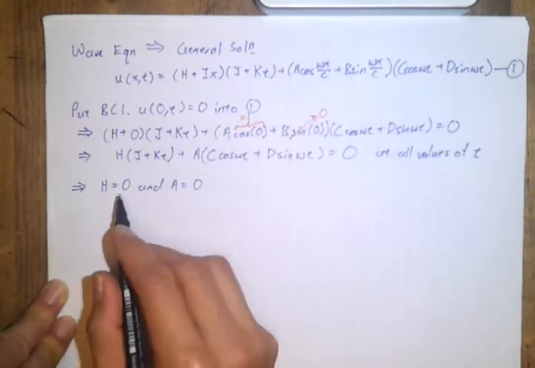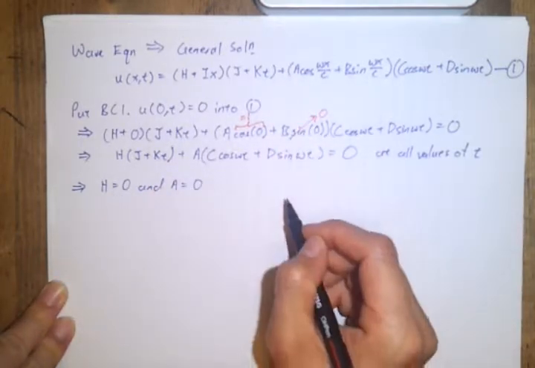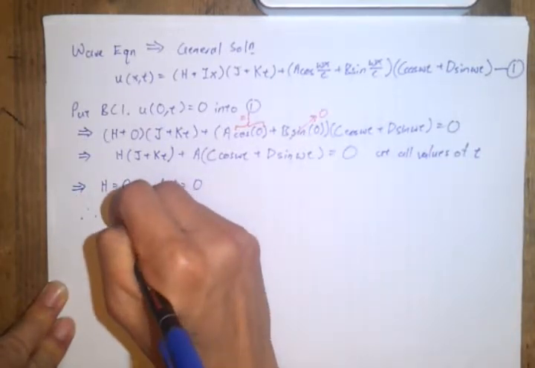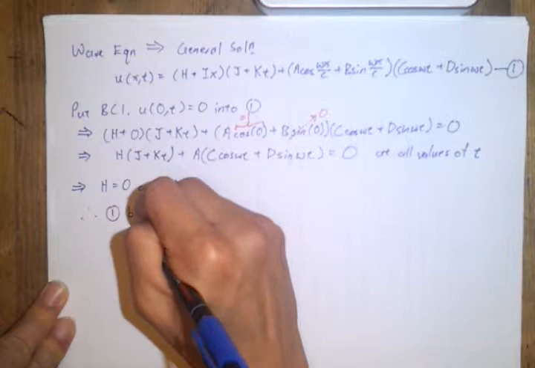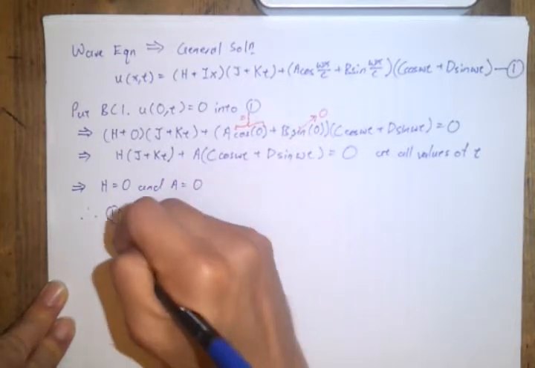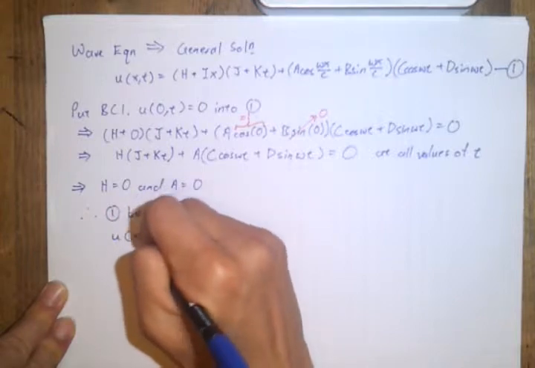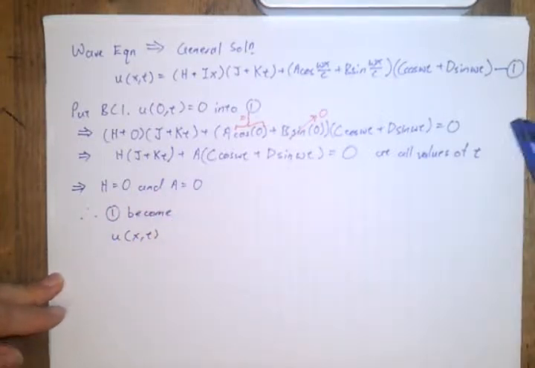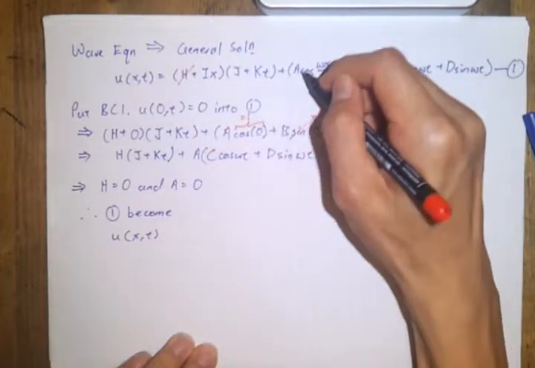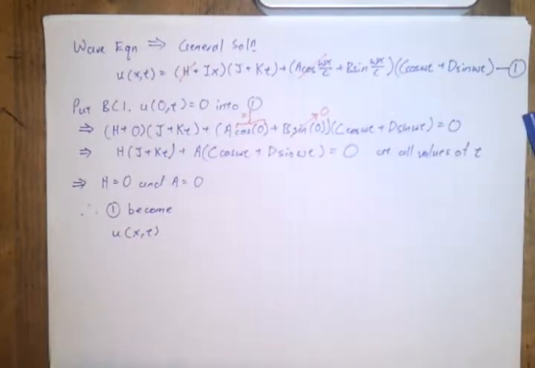So we put this into equation 1, and your general solution then becomes u(x,t). We now have h equal to 0 and a equal to 0, so these two terms are gone.